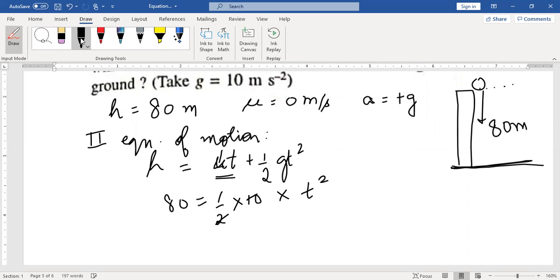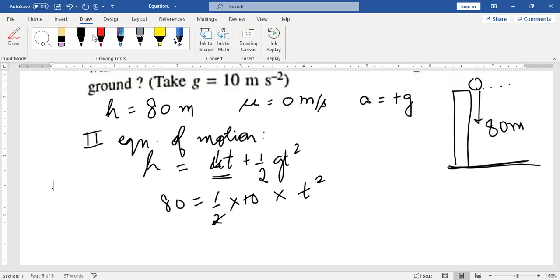So 2 fives are 10, this you can cancel out. And this 5, when it goes to the left hand side, it will come in the denominator. So I'll be having 80 upon 5.